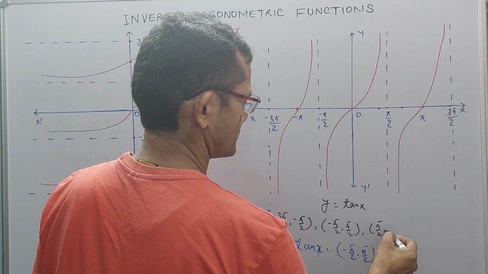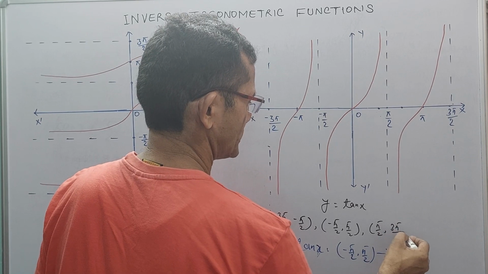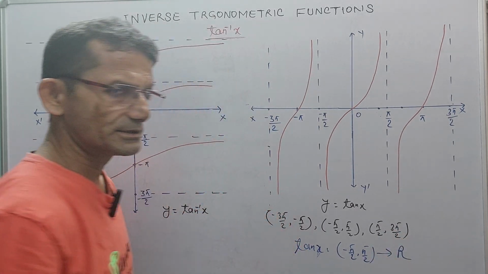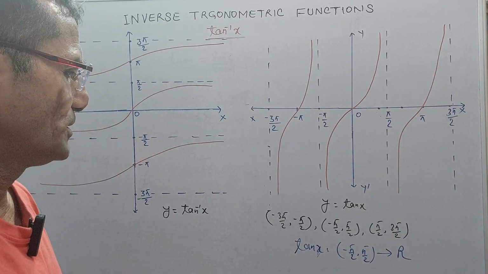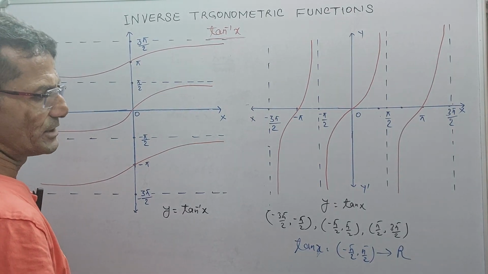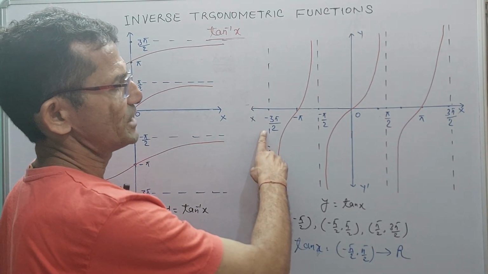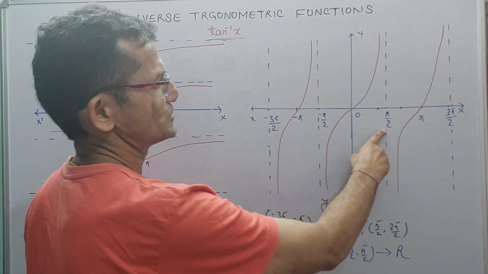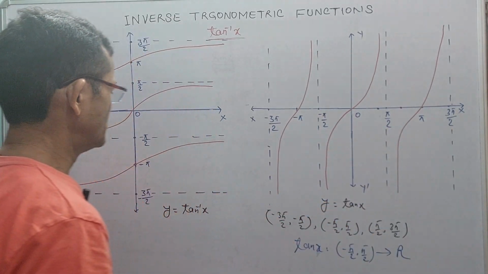So pi by 2 and 3 pi by 2, all these are open intervals, because the tangent function is not defined at minus 3 pi by 2, minus pi by 2, pi by 2, 3 pi by 2, and so on.